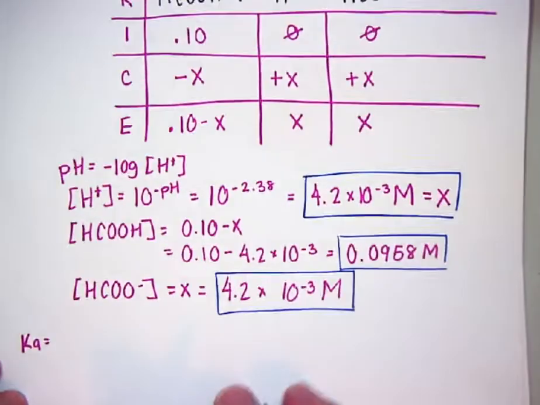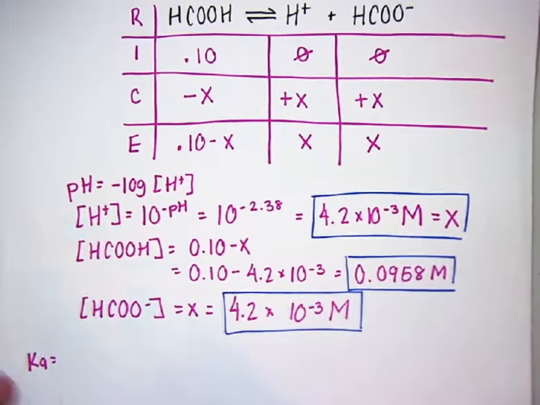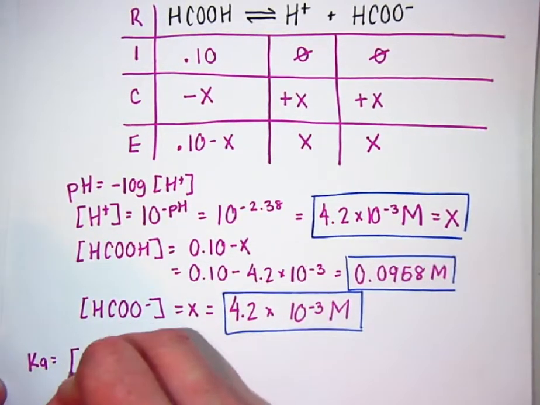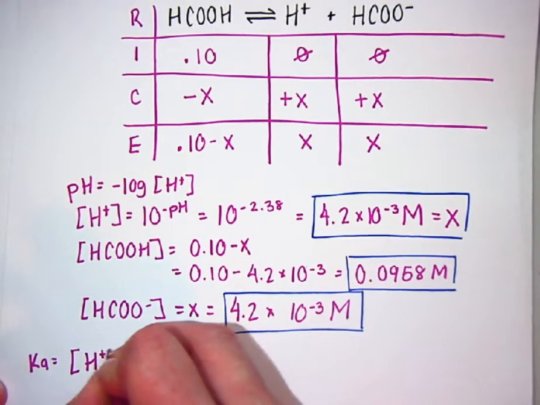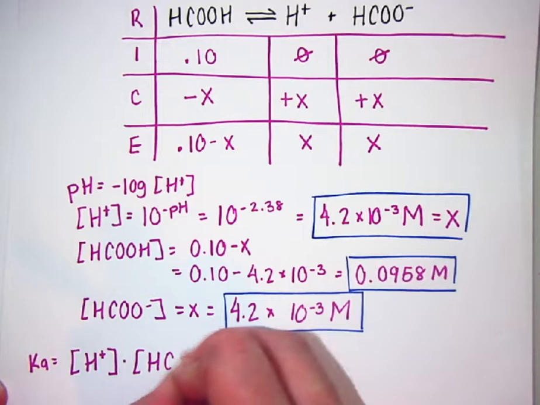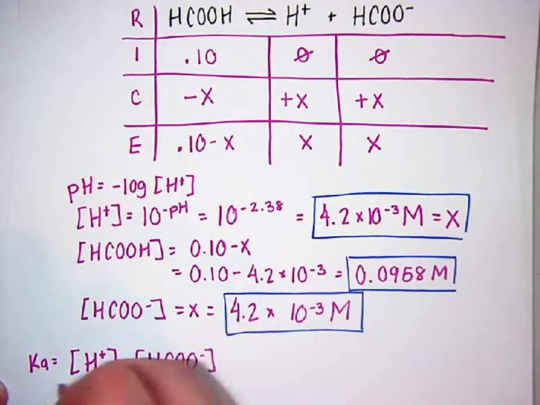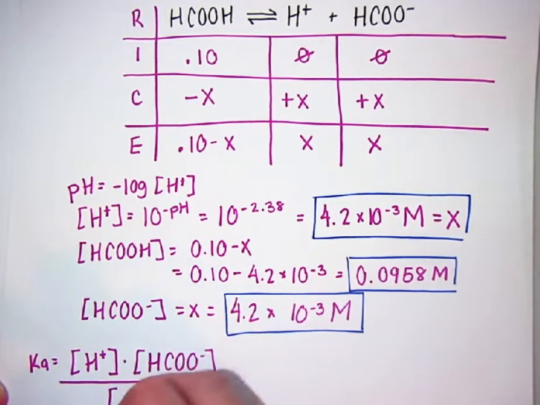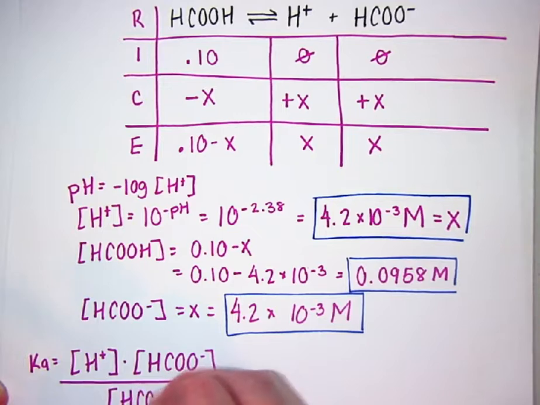Let me put the reaction up really quick. Products over reactants, so Ka is equal to products over reactants, each raised to the power equal to their coefficient.